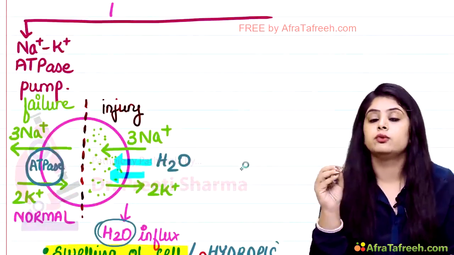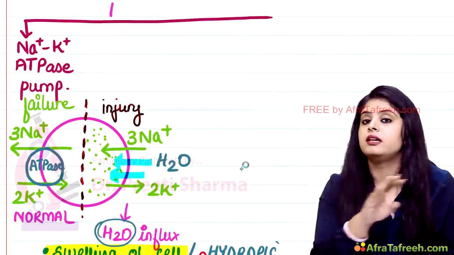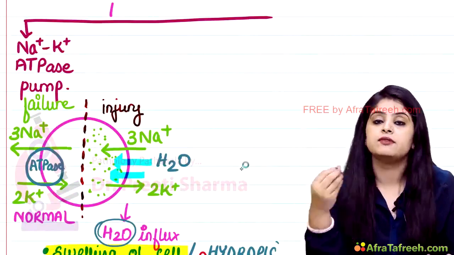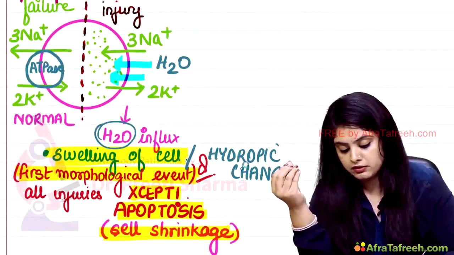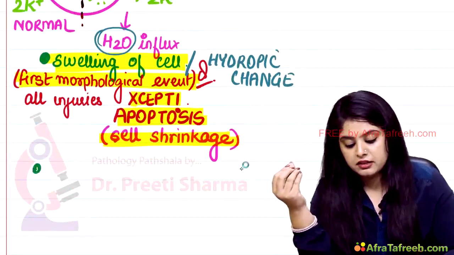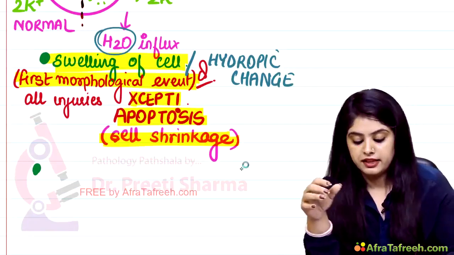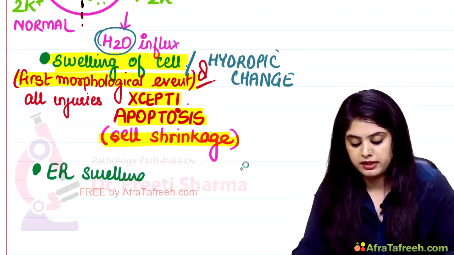Now that you've dealt with this set of questions, I want to take you back to the fact that because of decrease in ATP production, the sodium-potassium ATPase pump will fail and stop functioning, because of which we have number one phenomenon, that is cellular swelling. Number two, as the water keeps on entering the cell, gradually there will be endoplasmic reticulum swelling.